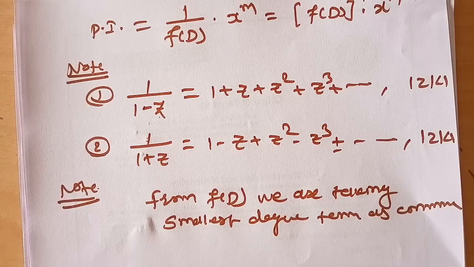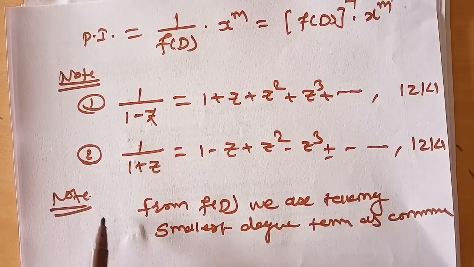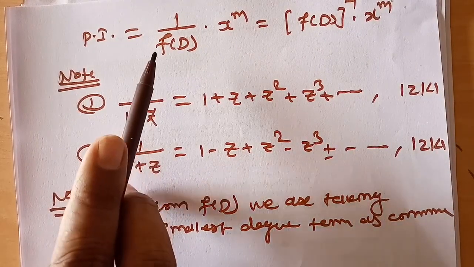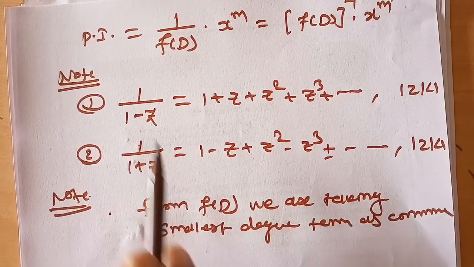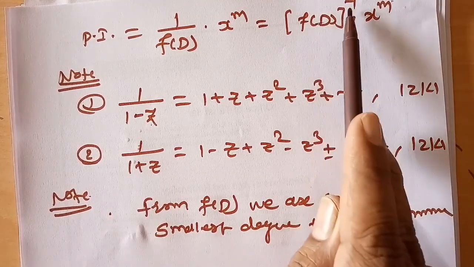While solving problems under this, this is also important. In f of D, we are taking the smaller degree term as common, and then we are finding the inverse of this.